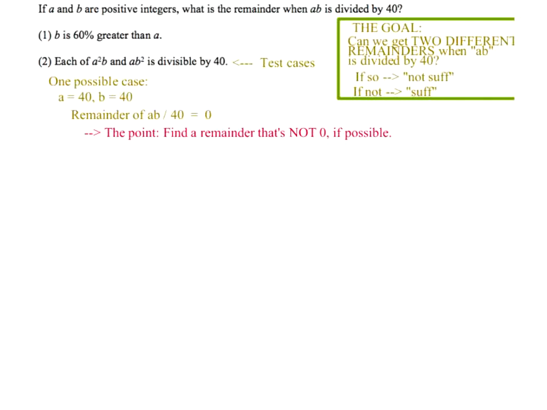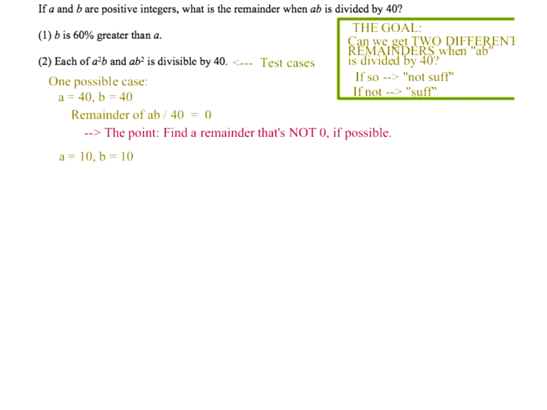Well, if we think about this, we need the squares to be divisible by 40, at least one of the squares times the other number. You may have to play around with numbers for a little while trying to get this to work, but if A and B are both 10, then both of those numbers are 1,000.